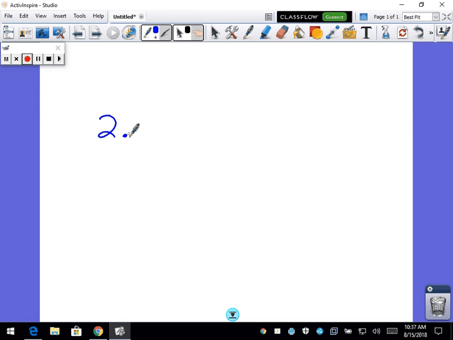Let's do another one. 2 and 5/10 compared to 2 and 15 hundredths. Again, we're looking to change them all into thousandths, to just go ahead and make it as easy as possible. So right now, on this first number, I have tenths. That's only one place past the decimal, so I need 2 more.